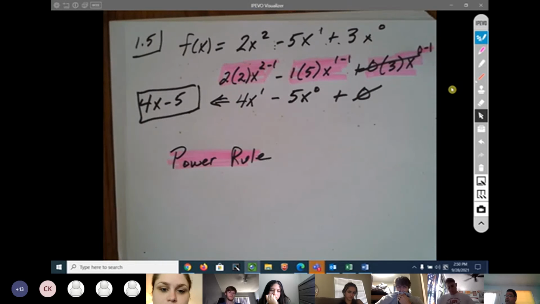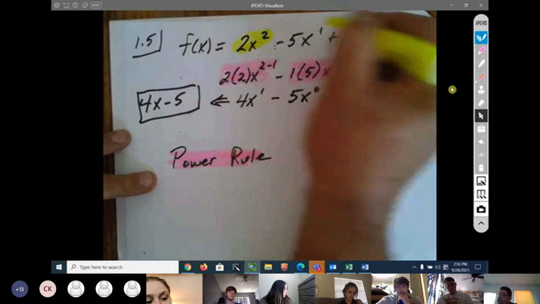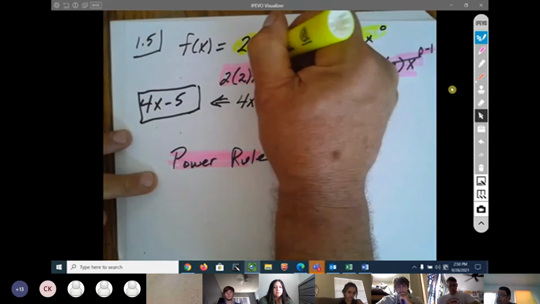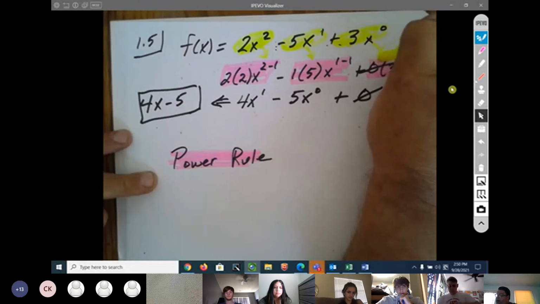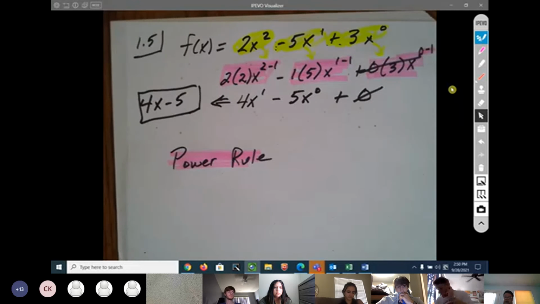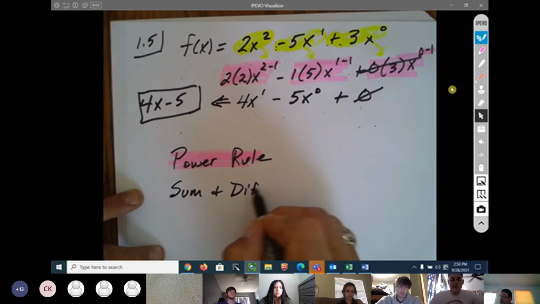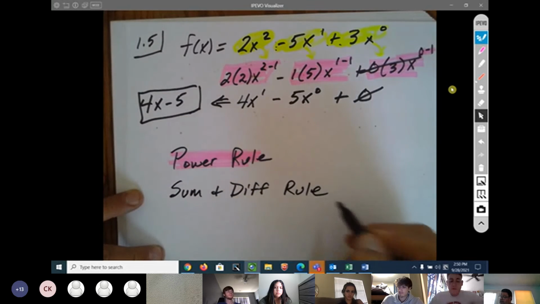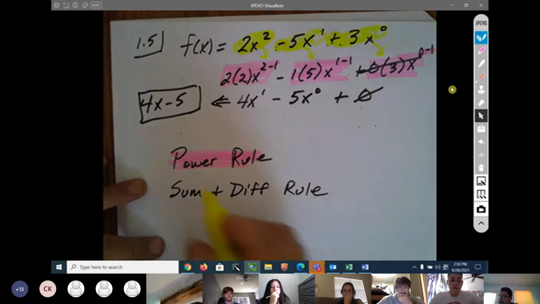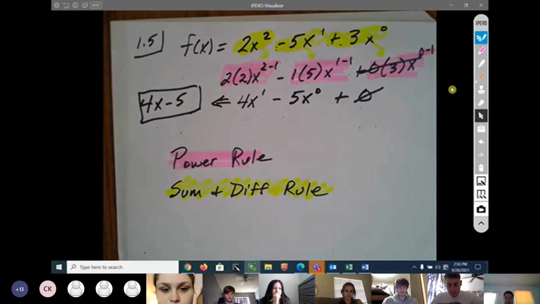And the sum and difference rule, which means I can take each one of these and I can do each one of these separately because they are joined together with sum and difference. So the sum and difference rule is also in 1.5. Okay.